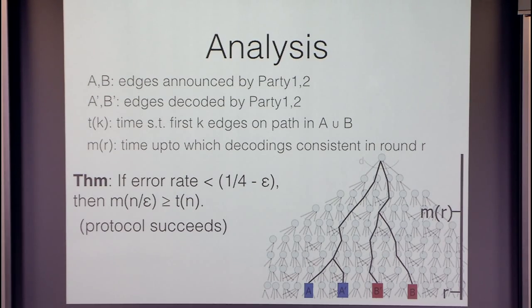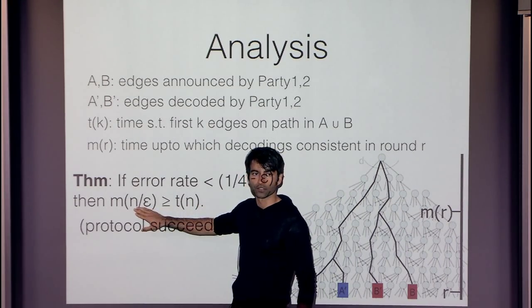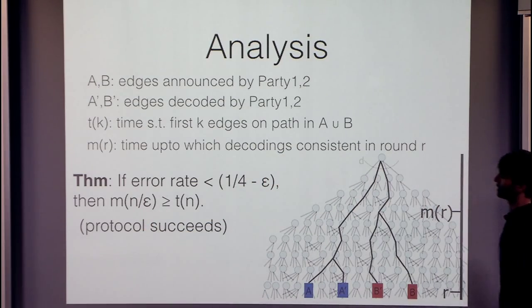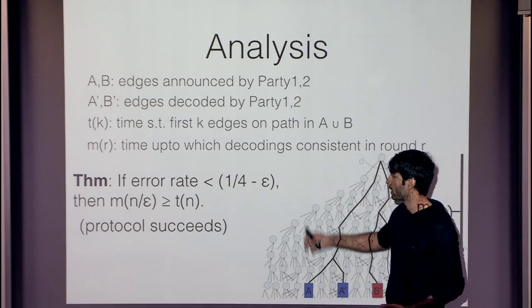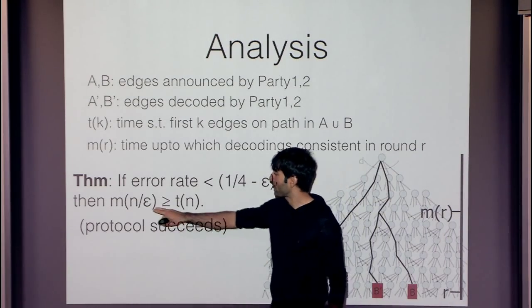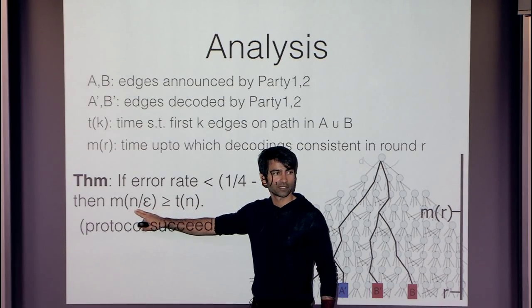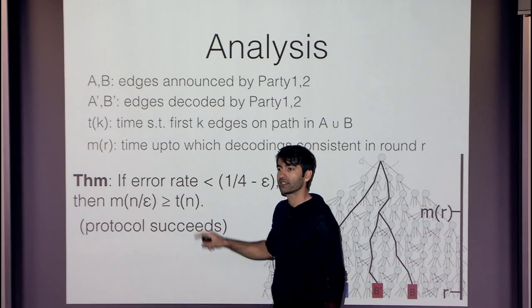Okay. So here's how we'll prove that the protocol succeeds. What's written here proves that the protocol succeeds after n over epsilon rounds. Let me say what it means. It says that if the error rate is small enough, then after n over epsilon rounds, if you look at m of the last round, we'll prove that that's at least t of n.